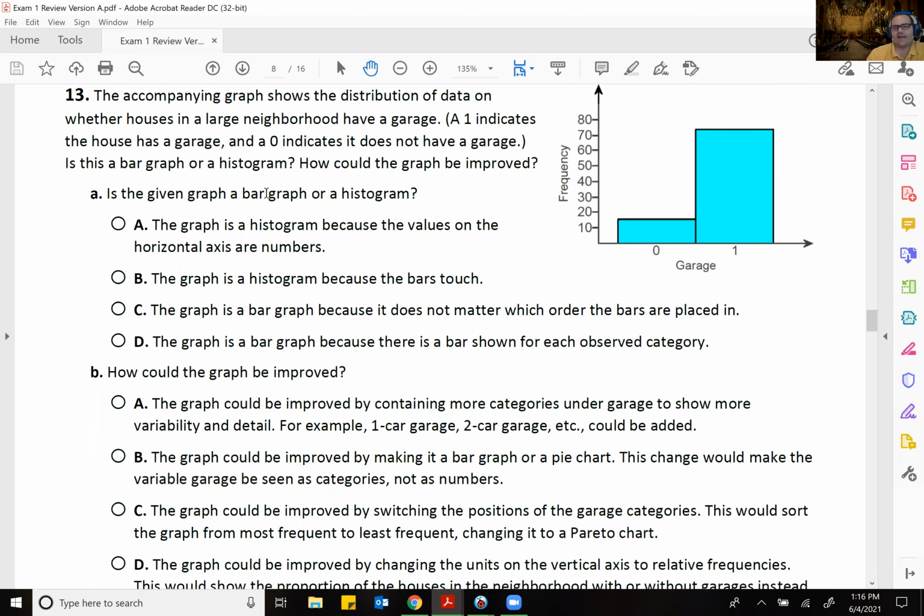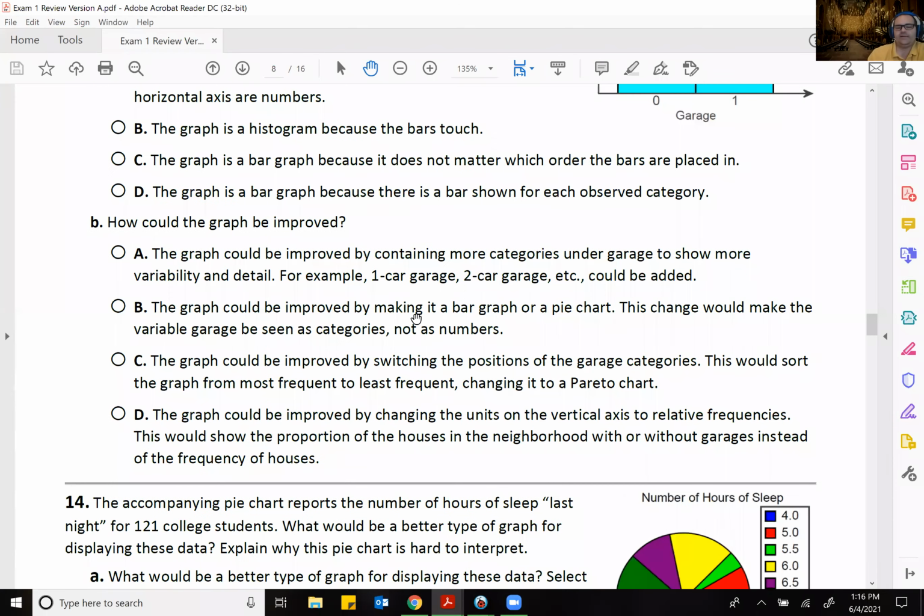This data is categorical. This histogram was inappropriate. The way we should be displaying this is in a true bar graph or pie chart so that we can see it as the categories it is. Perfect. So both of these answers are going to be B.